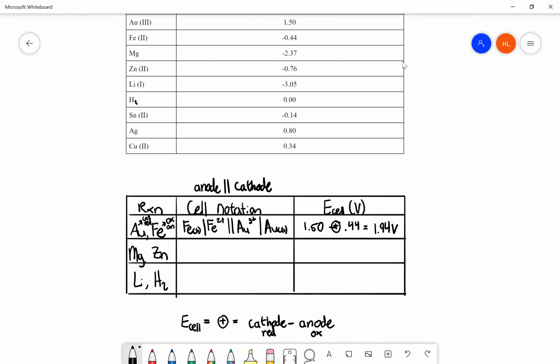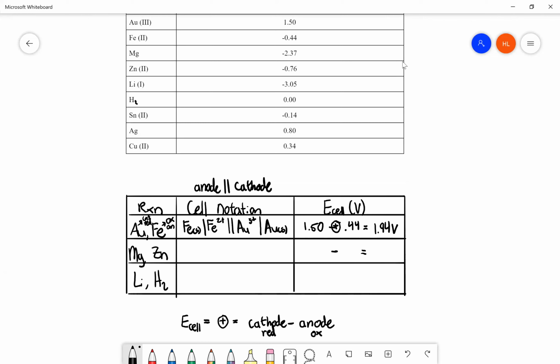Now we can move on to the second one, which is magnesium and zinc. Magnesium and zinc have standard reduction potentials of -2 and -0.76, respectively. So which one should be the cathode and which should be the anode so we can still get a positive number?